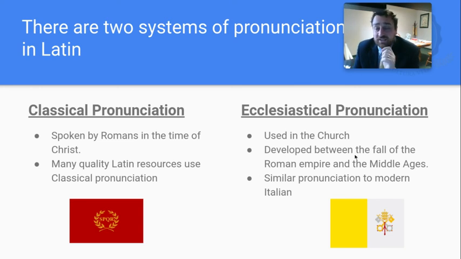It developed between the fall of the Roman Empire and the Middle Ages, and it's very similar to how Italian is pronounced. So a lot of times you'll hear the ch sound, like amici for friends, and amici is friends in Italian too. Some of the words are exactly the same because basically it's a middle version between classical pronunciation of Latin and modern Italian.